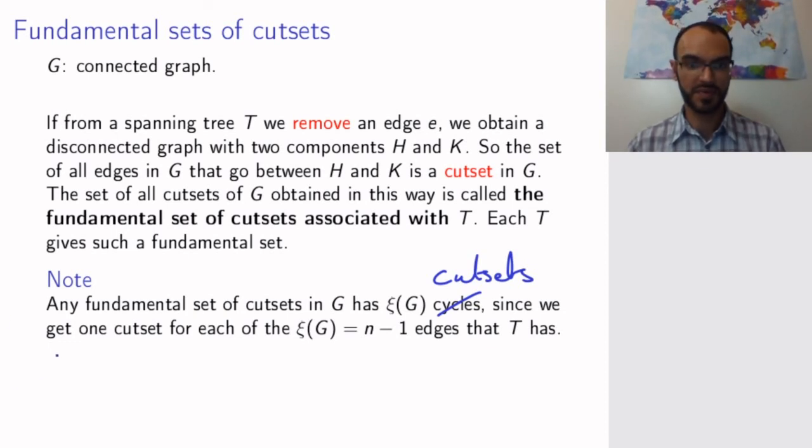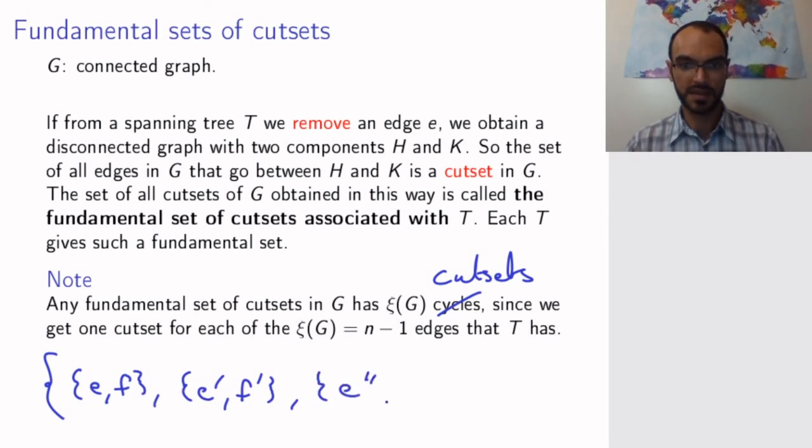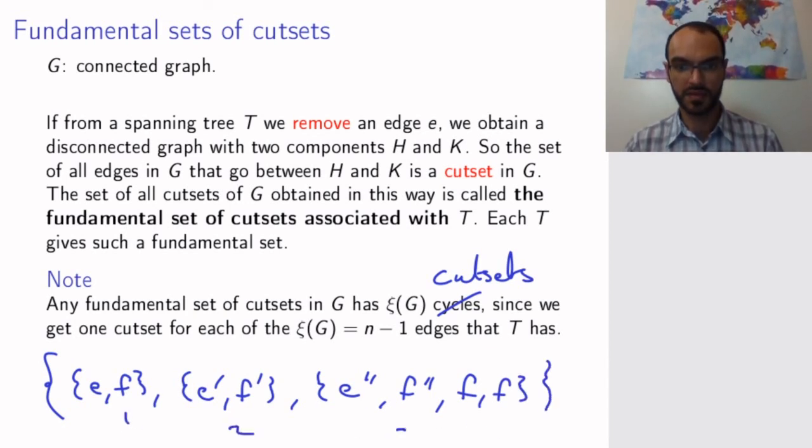So in our example, our fundamental set of cutsets consisted of EF, E prime F prime, and E bis F bis F F prime. So it had 1, 2, 3 cutsets. And so this is why the cutset rank is called the cutset rank. It is the number of cutsets in any fundamental set of cutsets.